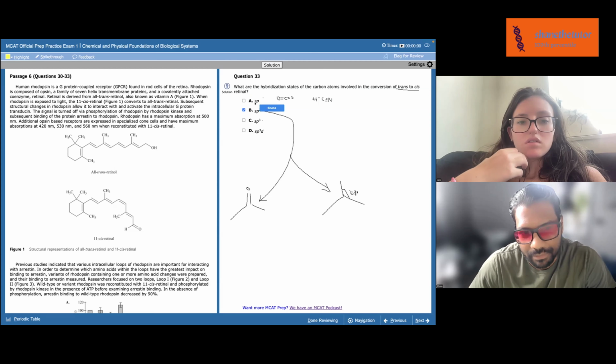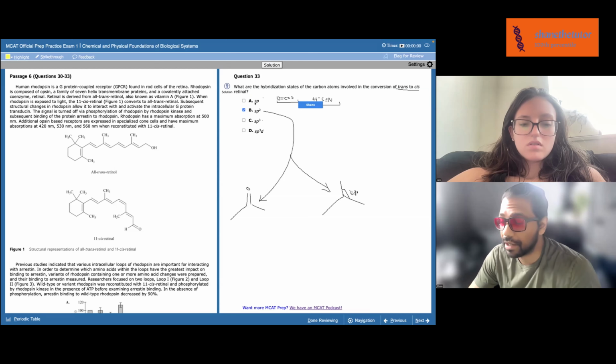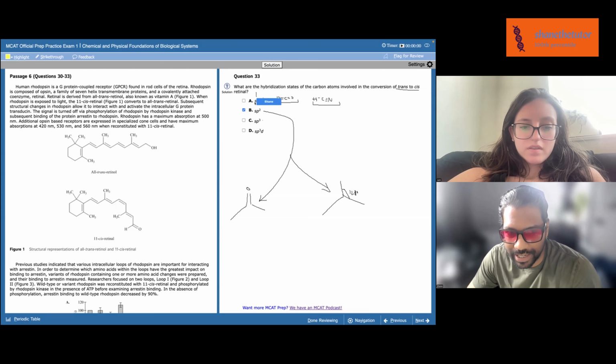Sorry, I should have said, sp would typically involve triple bonds, but in the case of CO2 it can involve double bonds, but you're ultimately going to get a 180-degree shape. Sp2 is going to give you your trigonal planar shape, which is 120 degrees.